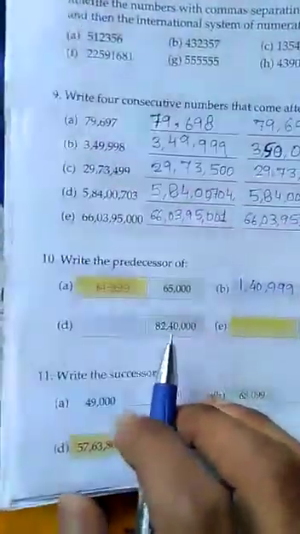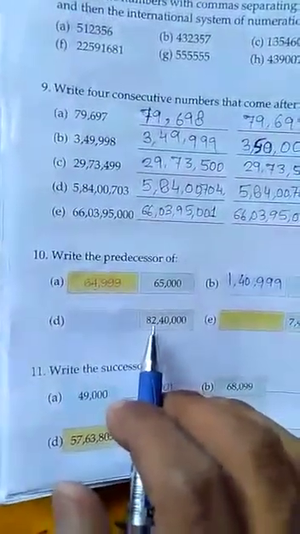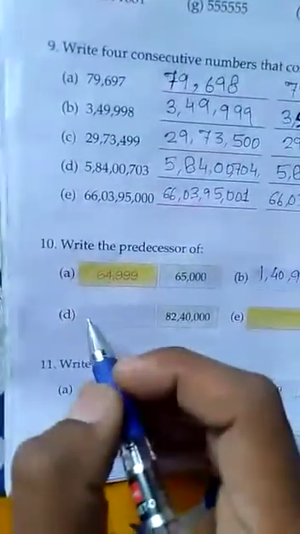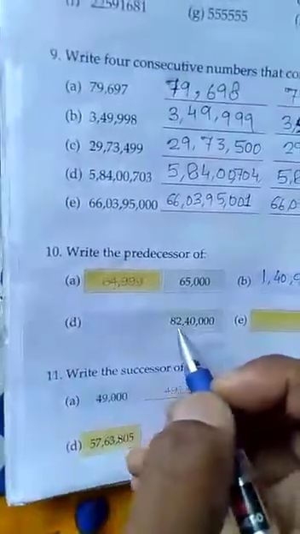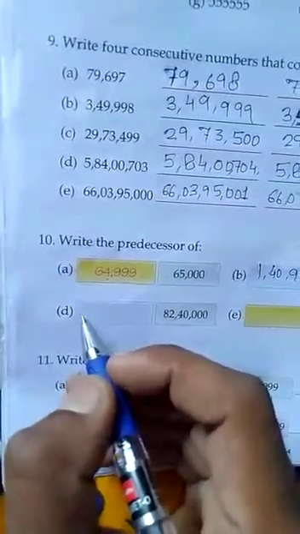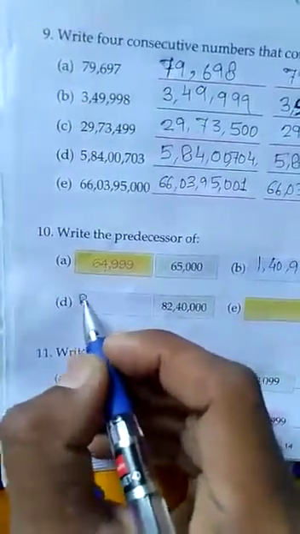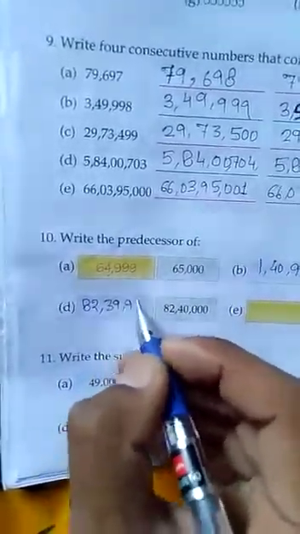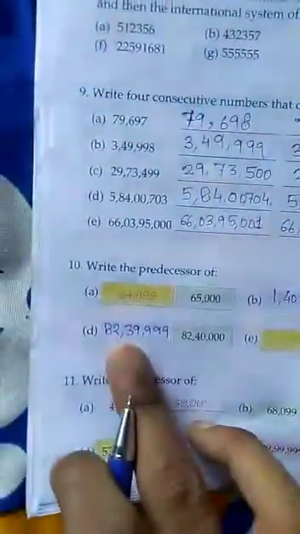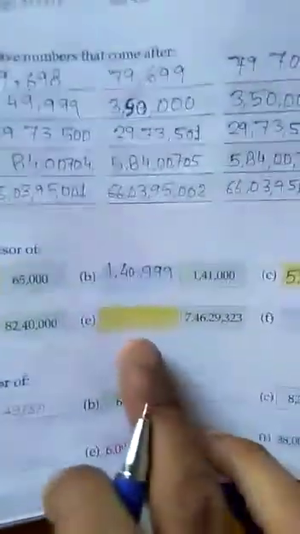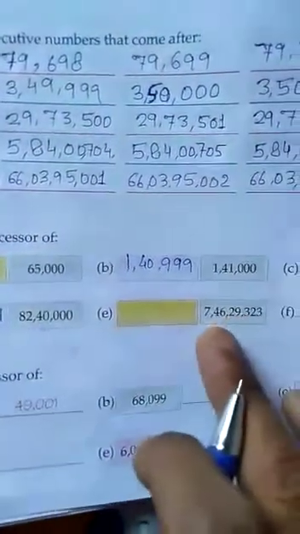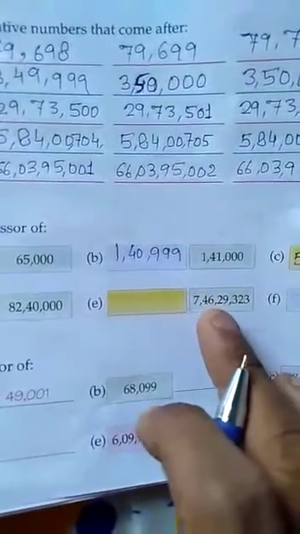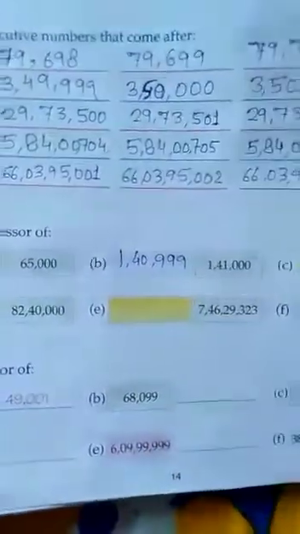Now we will do question number D. The question number D is 82,40,000. When we subtract 1 from this number, we will get the predecessor. So the predecessor of 82,40,000 is 82,39,999. Now question number E. Question number E is 7,46,29,323.